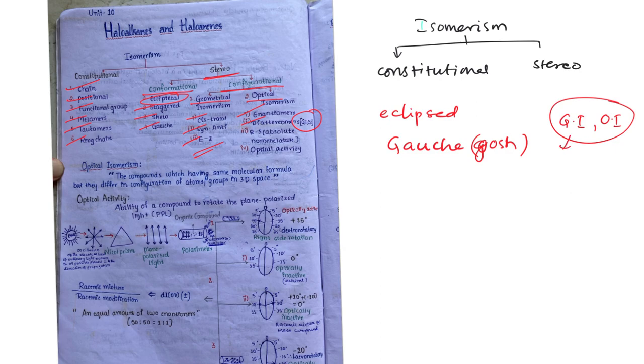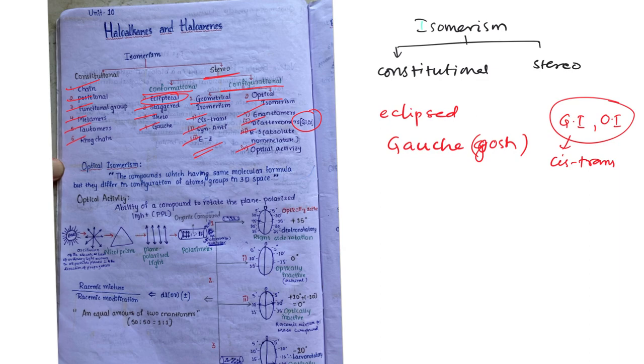Cis-trans isomers are generally diastereomers also, so don't forget it. Next, we'll focus on the RS absolute configuration or nomenclature, and another one is optical activity.